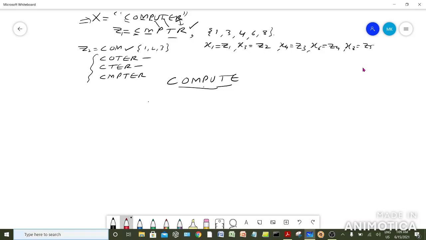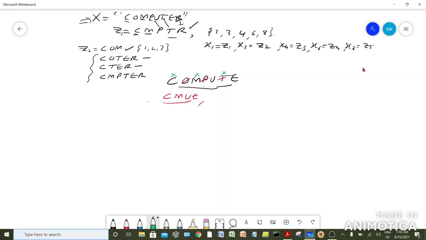So in this example, let us delete these three characters. The remaining are C, M, U and E, which is a subsequence. In the same way, let us try to delete this C, this M and this T.